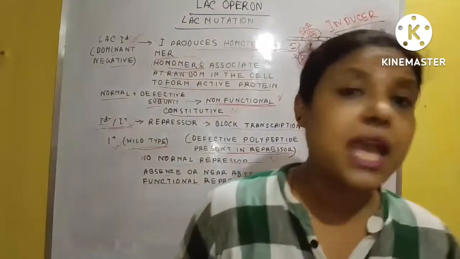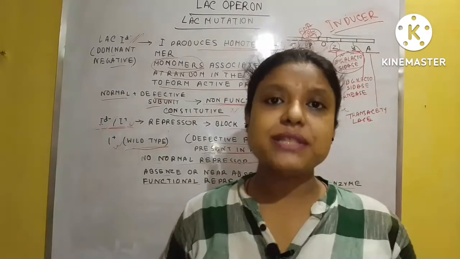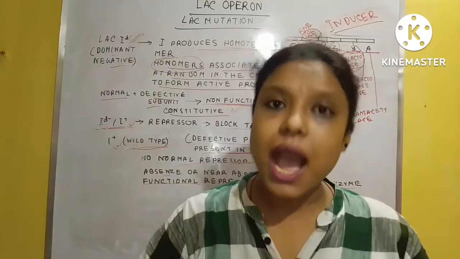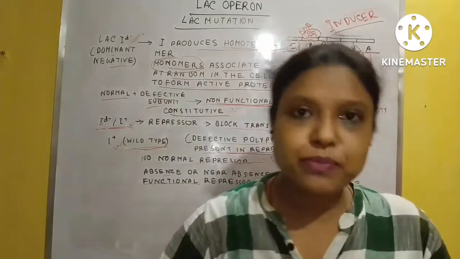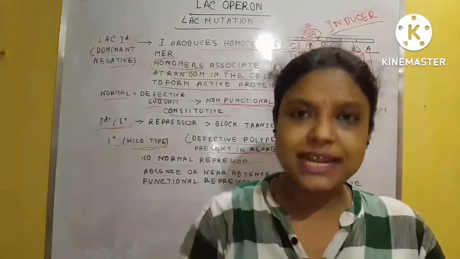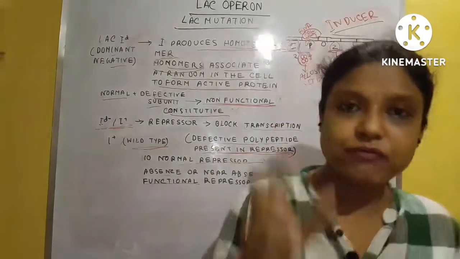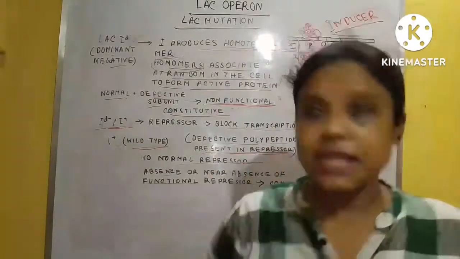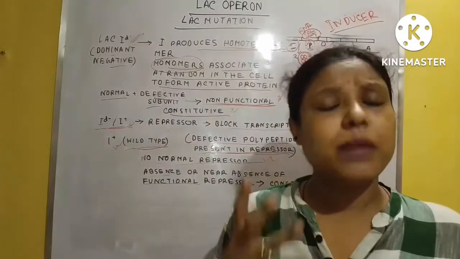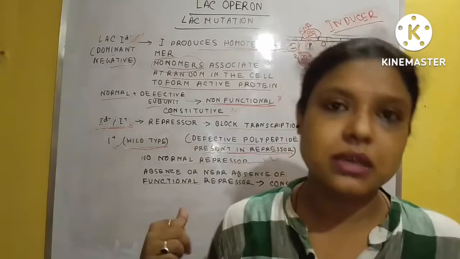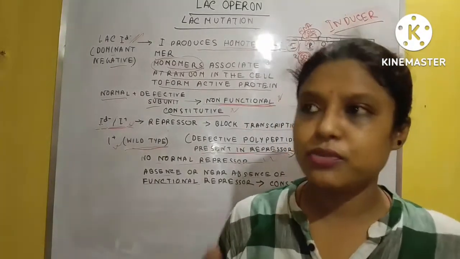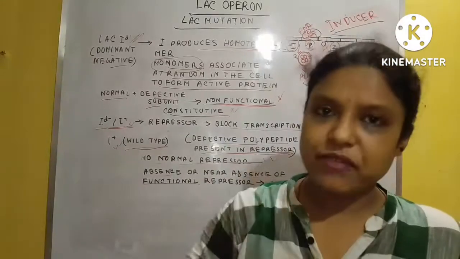We learned the mutations that arise in the regulator gene or the production of the repressor protein. Clear? So how the mutation of the regulator gene affects the production of the functional repressor protein is explained here. Okay, I think you can properly understand about the repressor protein or the formation of the repressor protein and how the medium is affected or not.